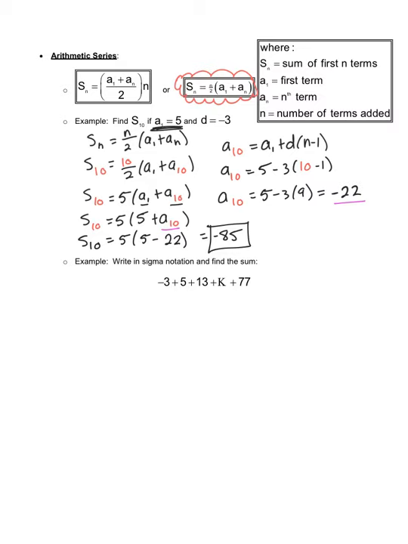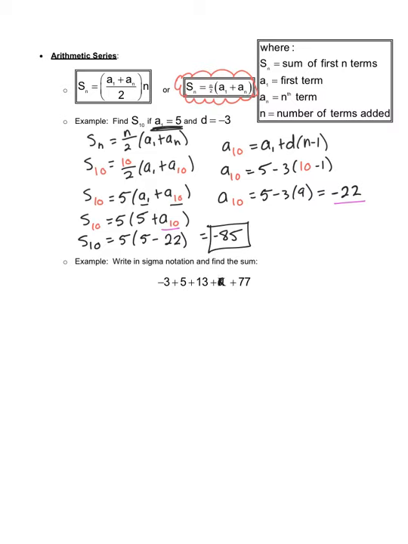So that means if I were to take this sequence that has a first term of 5 and a difference of -3, and I were to add that together 10 times, then I would get -85. Next, we need to take a sequence that's already been given to us, and we need to write it in sigma notation.